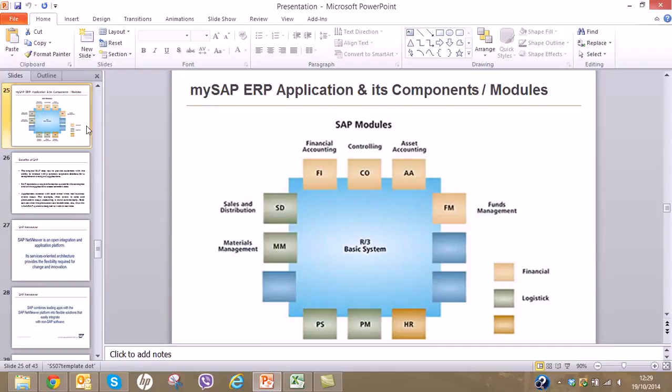Even Microsoft Dynamics is not offering that much functionality which SAP is offering. I am not saying SAP has more users. No, SAP can have fewer users than Oracle. Oracle can have more users all over the world. Microsoft Dynamics can have more users as compared to SAP. But SAP is the largest one.